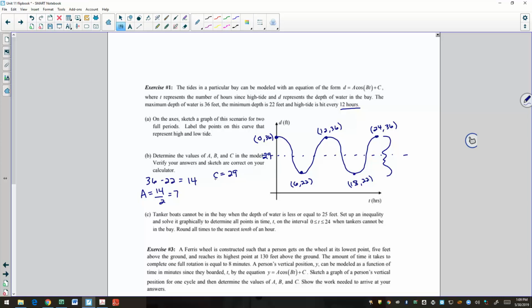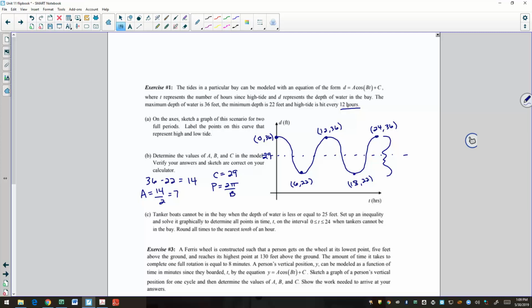The last letter I need in order to write my equation is B, which is the frequency. If we know the period, we can figure out the frequency, because remember, period is always 2 pi over B. Well, I know the period. The period tells you how long until you see one complete curve.